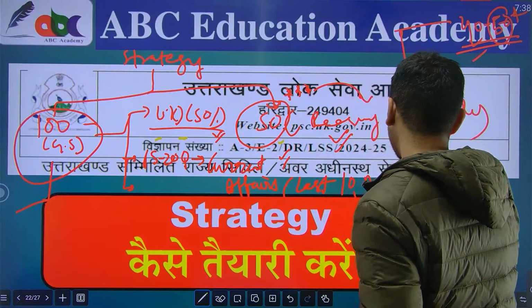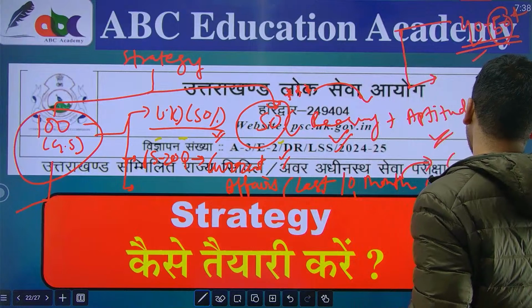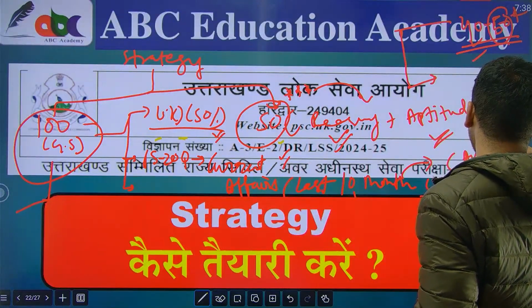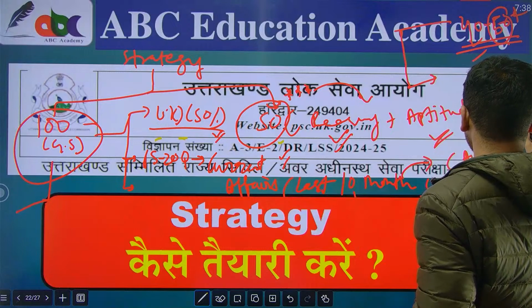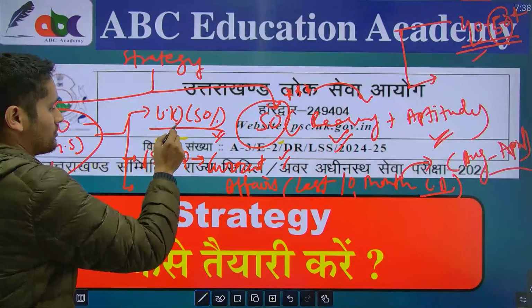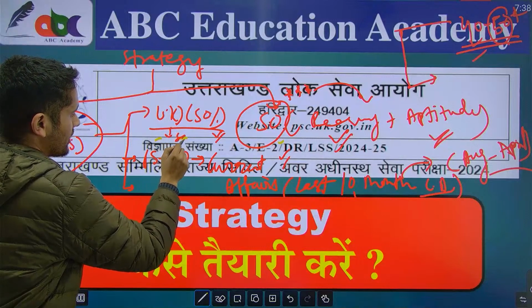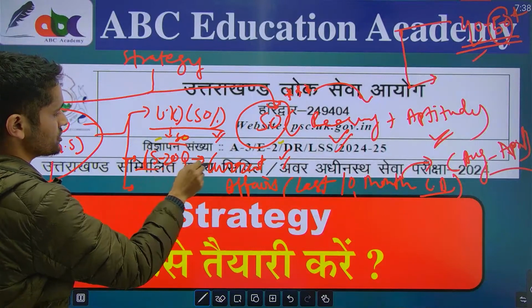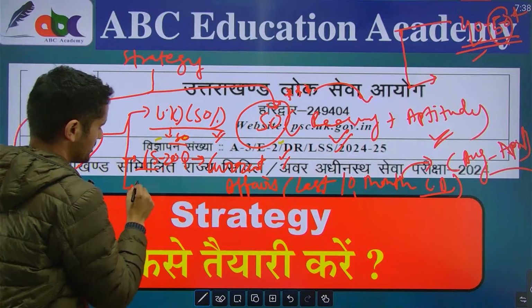For the exam, you can go from August to April. 50 questions of Uttarakhand, 15 to 20 questions from current affairs, and the rest of the questions from the GS part.